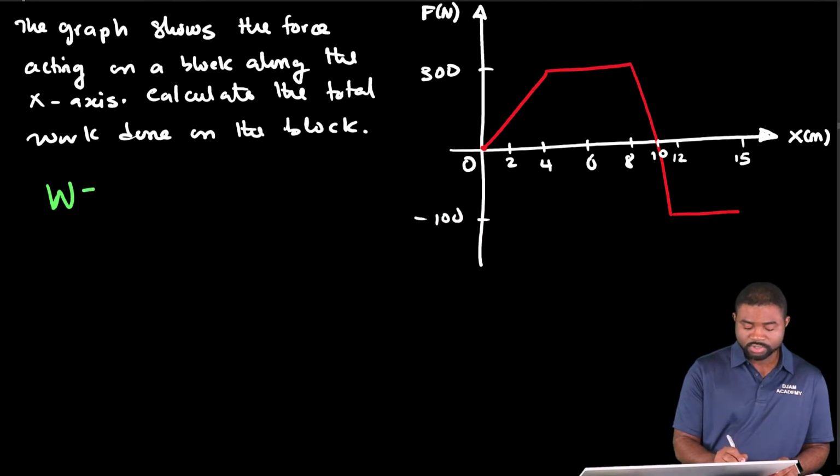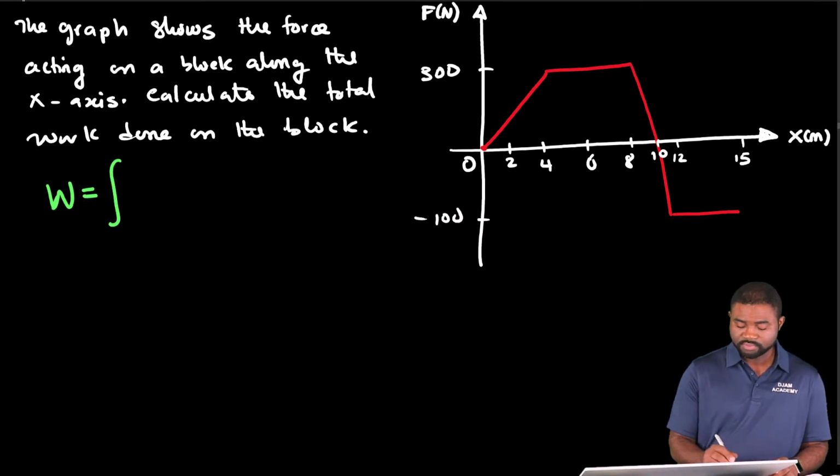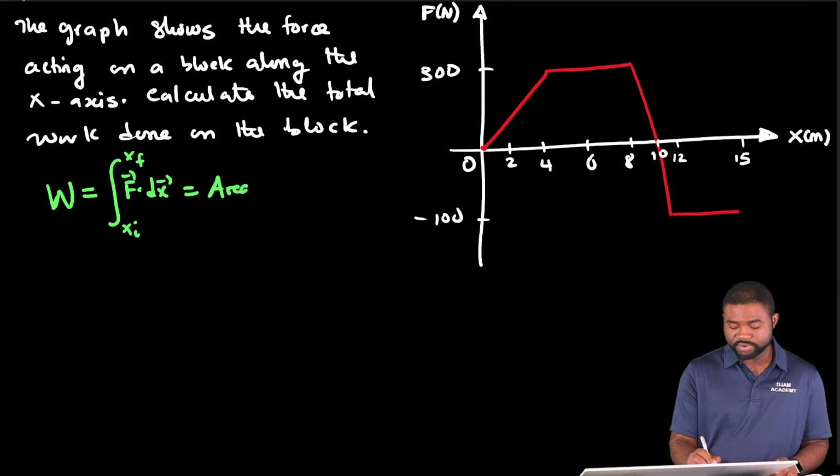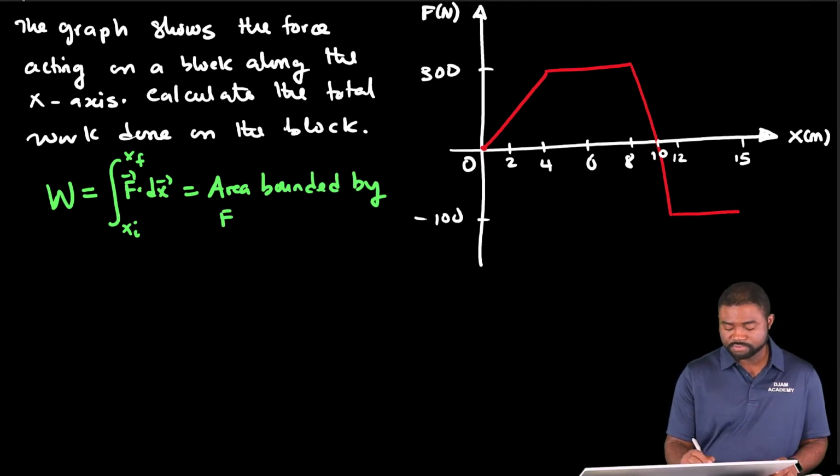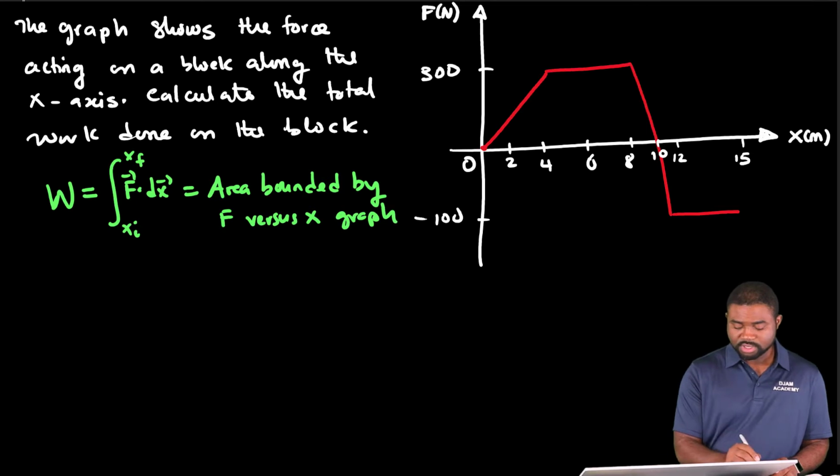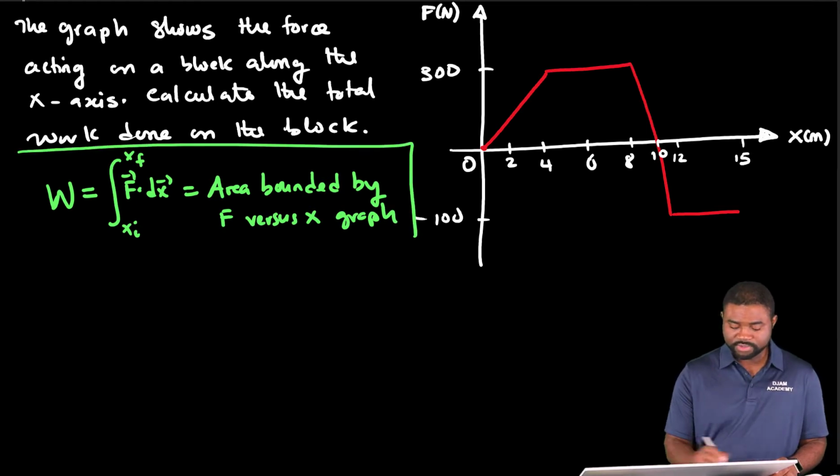The work done is equal to the integral from xi to xf of F dot dx. This is just equal to the area bounded by the force versus the x graph. Always keep this in mind.